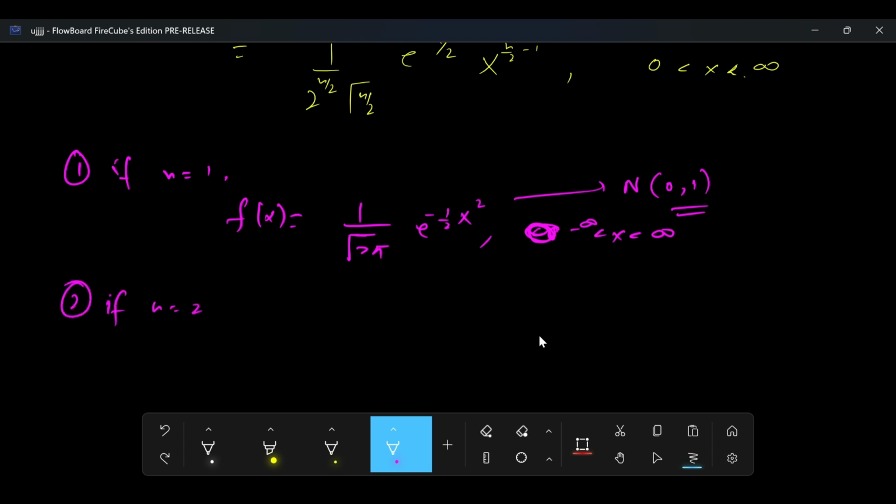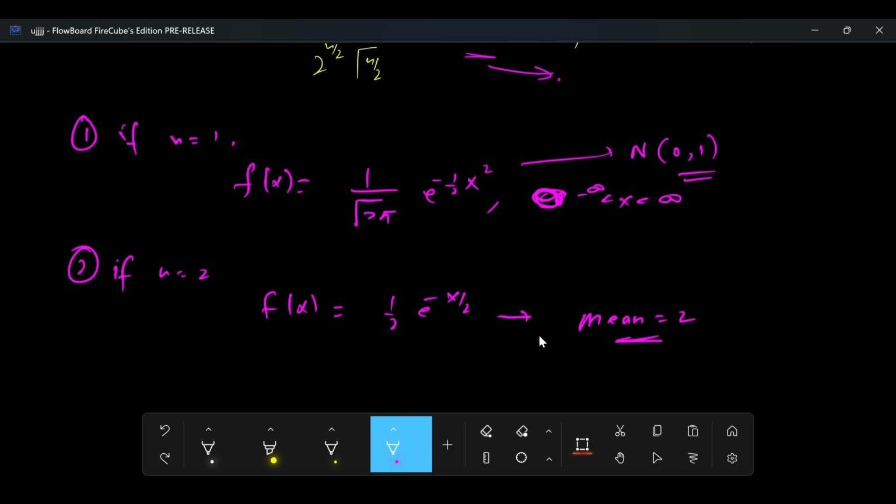If n is equal to 2, the chi square distribution reduces to exponential distribution with this PDF, and the mean is 2. Remember, in place of n, write 1, you will get the PDF of normal, and in place of n, write 2, you will get the PDF of exponential with mean 2. Remember this result, and you can also prove this by putting the value of n in the chi-square distribution function.